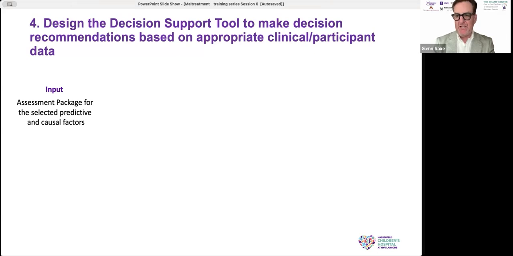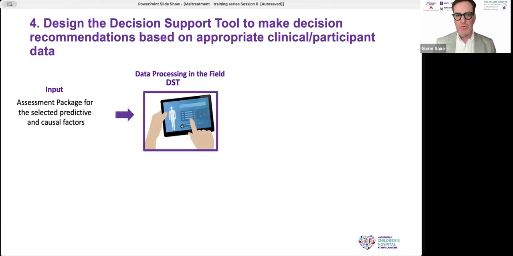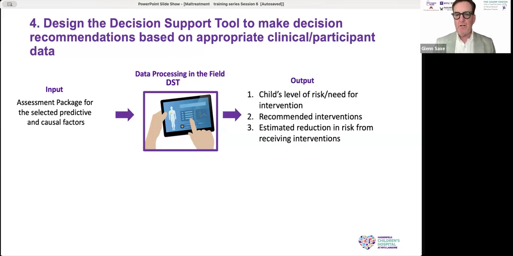So you have to have an assessment package that then takes in the data, and then a tool takes this as input, processes it in real time, and gives you output. And this is the sort of output needed. Is the child at risk? Yes or no, or how much risk? Need for intervention.